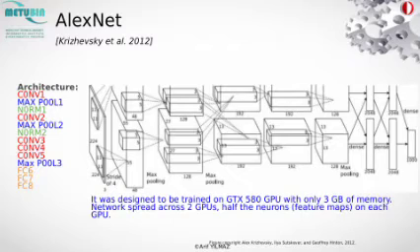Half of the network was in the first GPU, and the second half of the network was in the second GPU. It consists of 8 layers, including the output layer. In the first 5 layers, they used convolutional maps, and in the final 3 layers, they used fully connected layers.